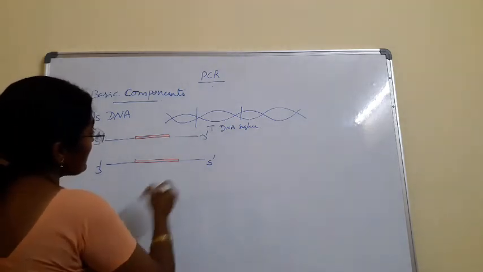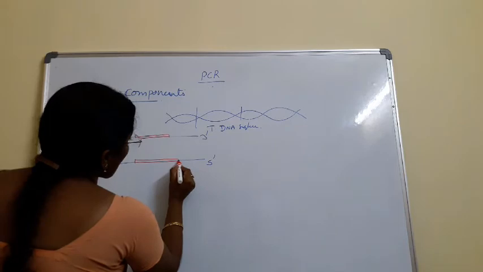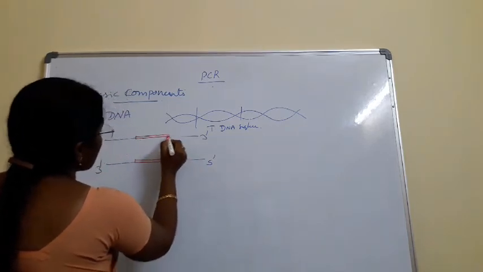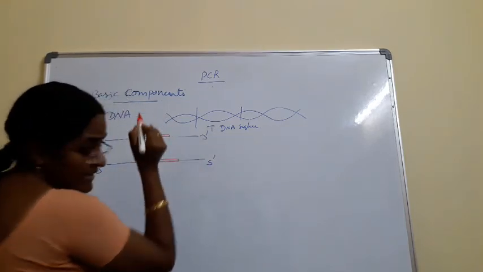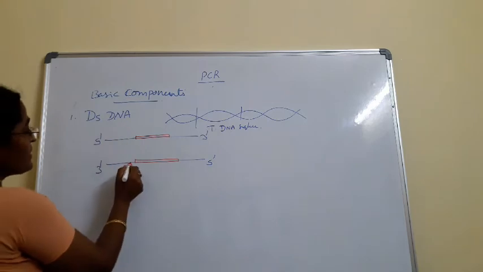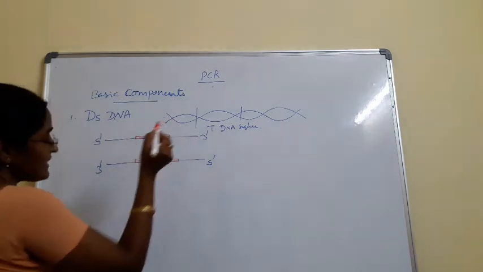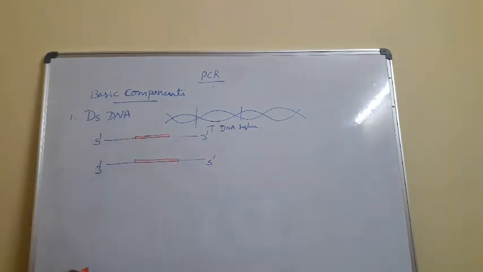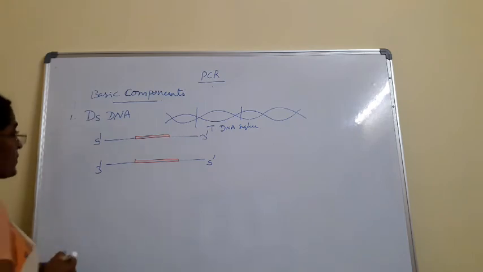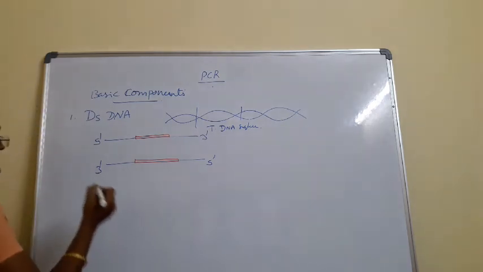We should have knowledge about the border of the target DNA sequence, which is essential for the next requirement. What are the next requirements?